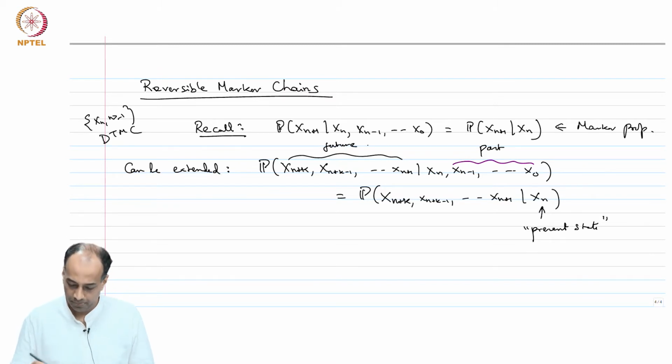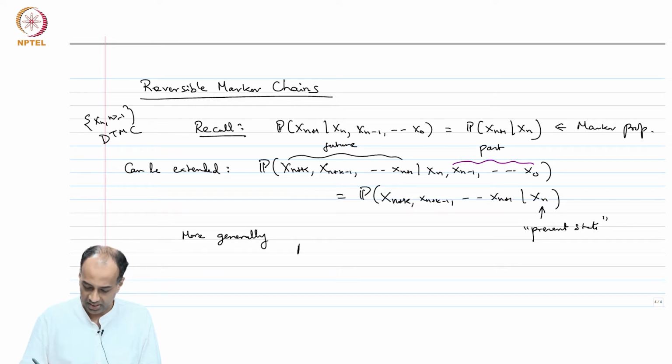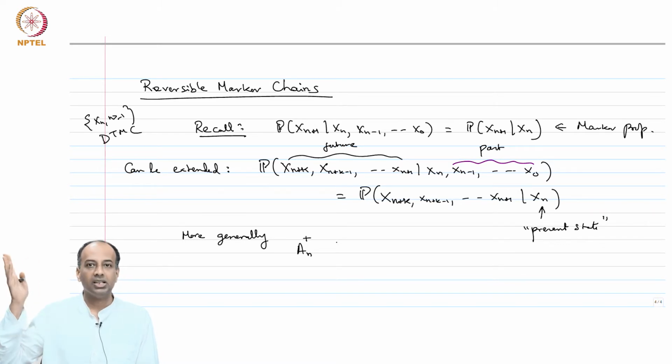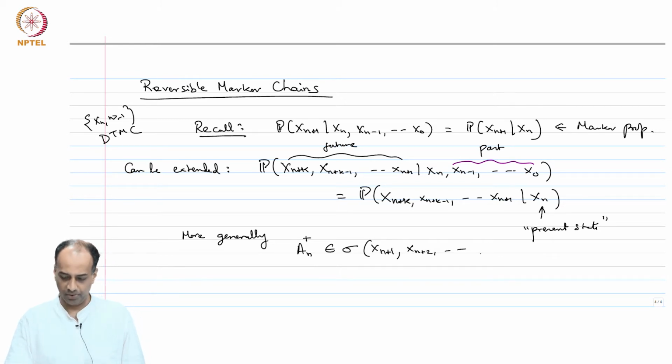More generally, at time n, I want to denote by A_n^+ any event which is determined by things in the future, meaning X_{n+1}, X_{n+2}, etc. So index n is the present time and X_n is my present state. To be a little more precise, A_n^+ is an event measurable under the sigma algebra generated by X_{n+1}, X_{n+2}, and so on.